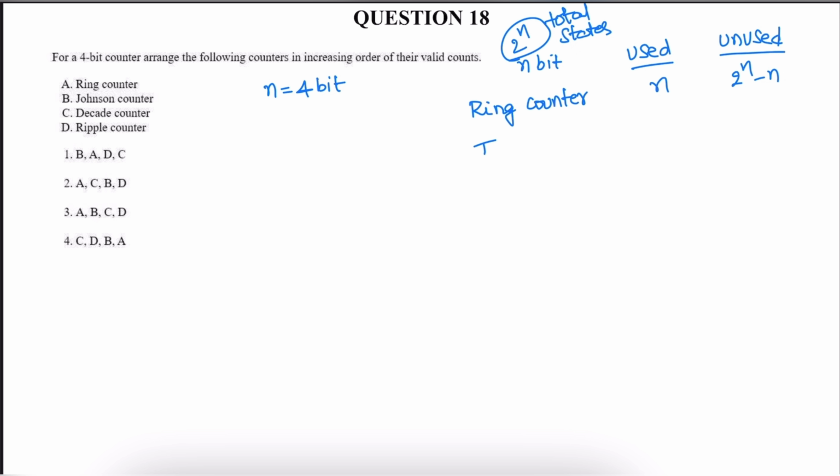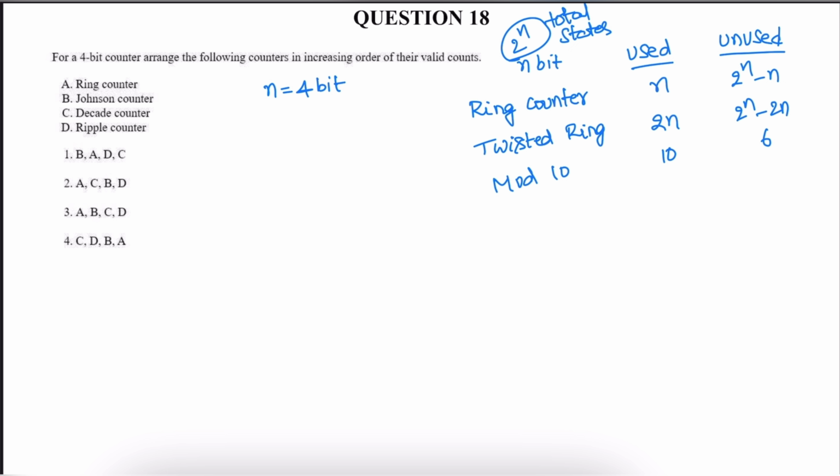Similarly, for a twisted ring counter, or Johnson counter, or switched tail ring counter, it has 2 multiplied by n used states, and 2 power n minus 2n unused states. For a mod 10 counter, used states are 10, that is 0 to 9, and unused states are 6.